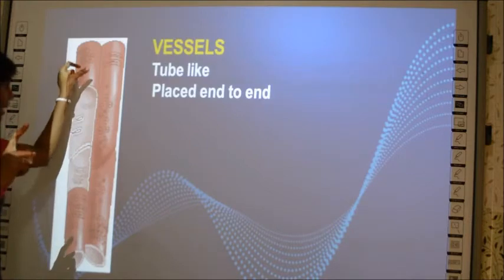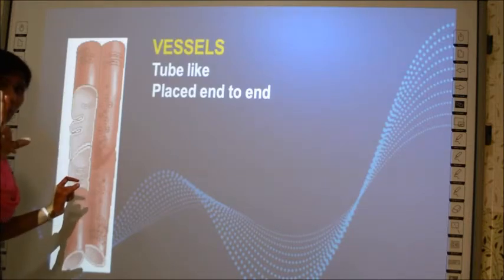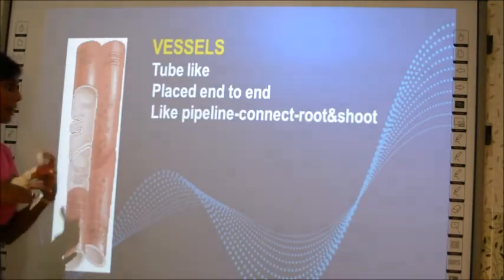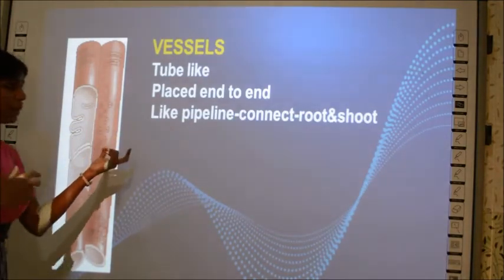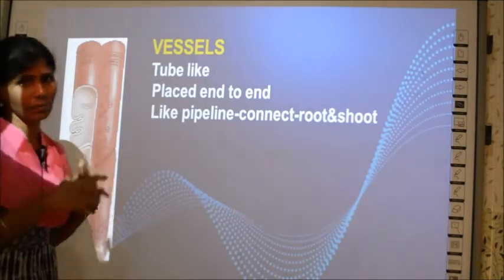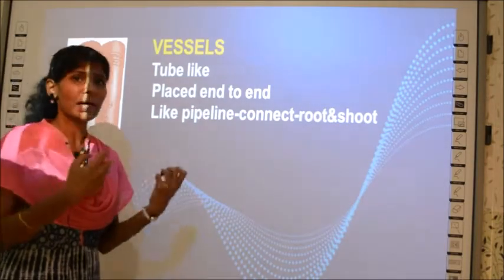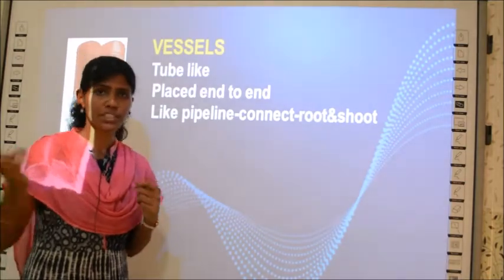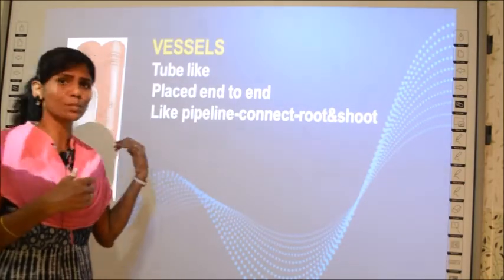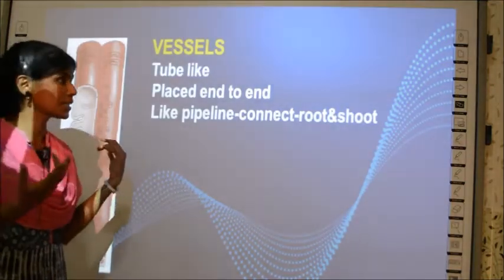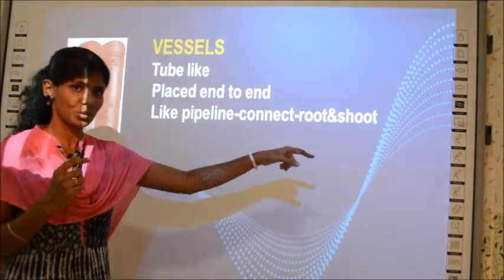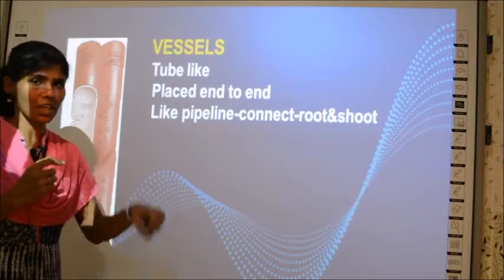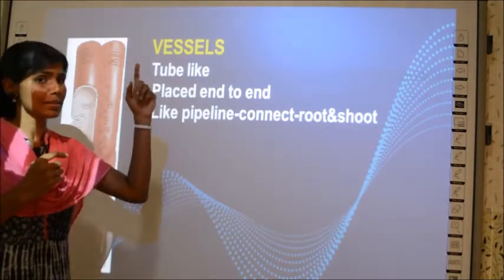First property is they are like tubes. Second property is they stick to each other. They are placed end to end, and since it is like a pipe, where to where does it connect? Say for example, if you have a pipe in the garden, you connect to the tap and the outlet will be towards the plant, right? So similarly, this pipe, from where to where does it connect? The root and the shoot. From the ground, this pipe starts from the ground and ends in the stem.